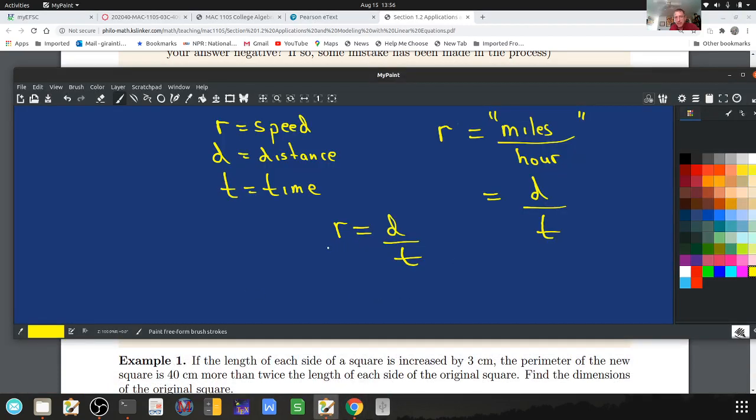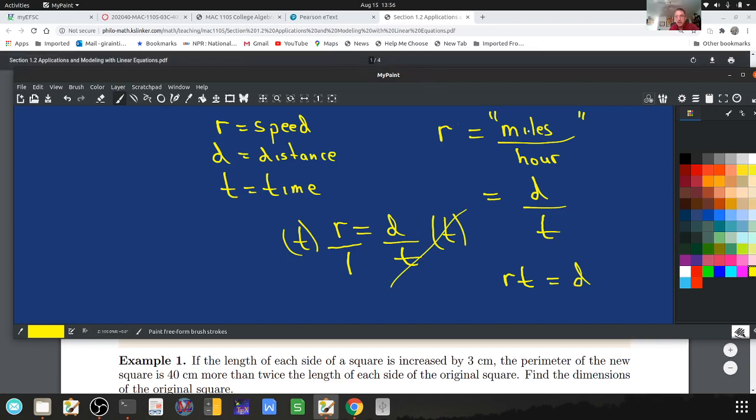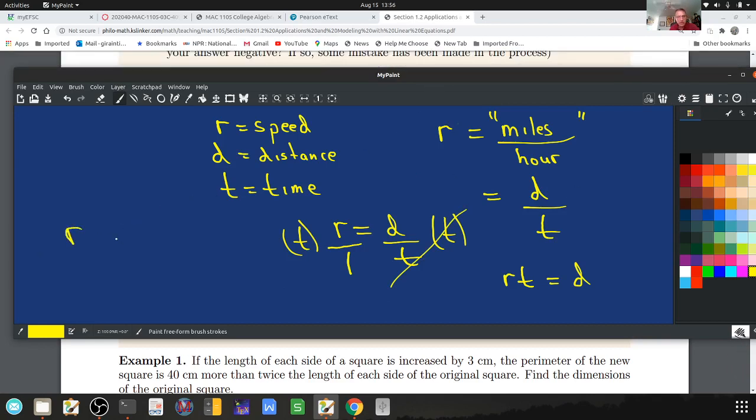If you want to solve for T, you can multiply both sides by T, and that gives me R times T is equal to D. Because when I multiply both sides by T, that gives me T times R, or R times T, and the D times T divided by T just leaves D. So it's important that you're able to manipulate some of these general equations, like rate or speed is equal to distance over time, because the unknown might very well be time, in which case you probably don't want it in the denominator.